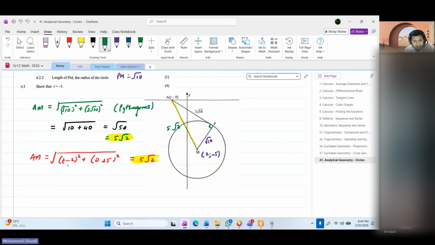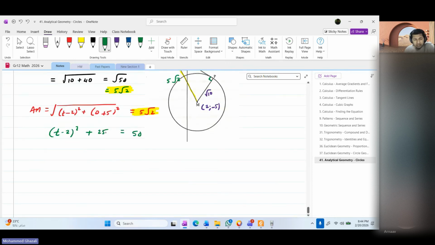Now solve. You square both sides. You get (t minus 2) all squared plus 5 squared, which is 25, is equal to 25 times 2, so it's just 50, because you're squaring both sides. I'm getting rid of the square root. Now I'm going to take the 25 over. You can make a quadratic and solve, right?